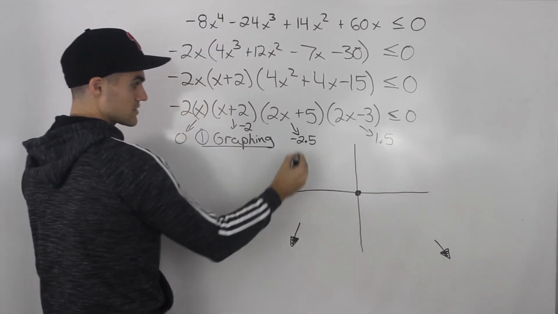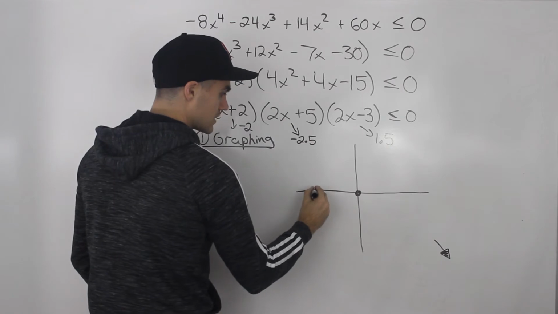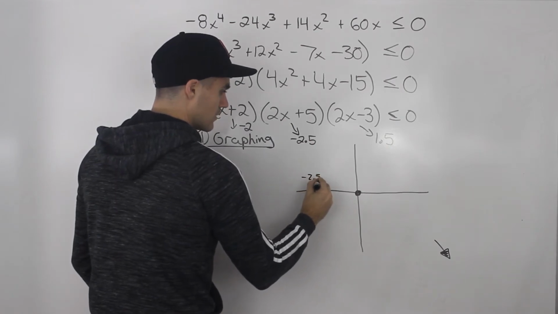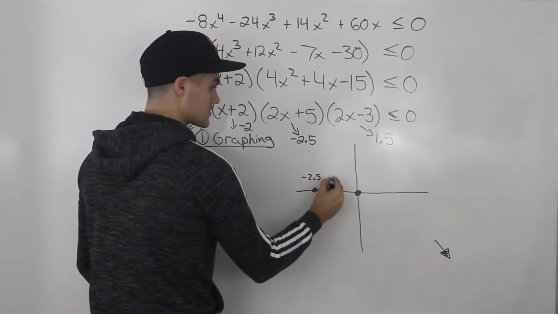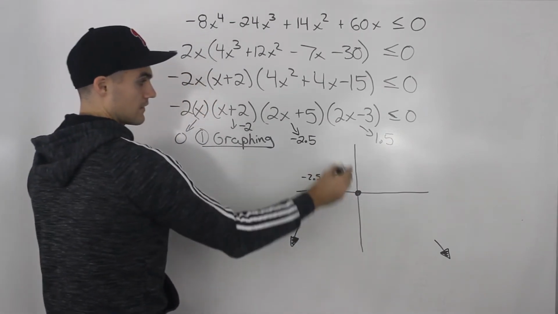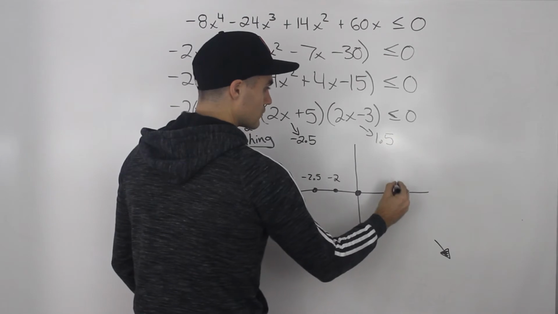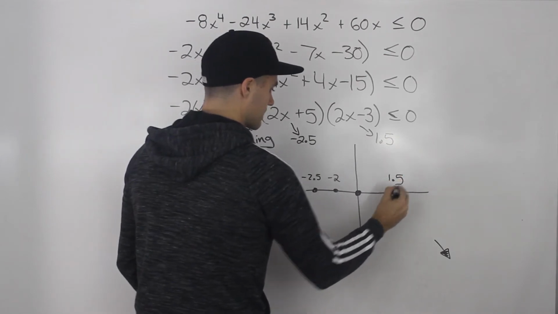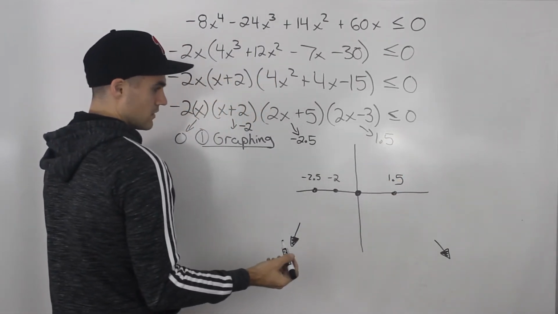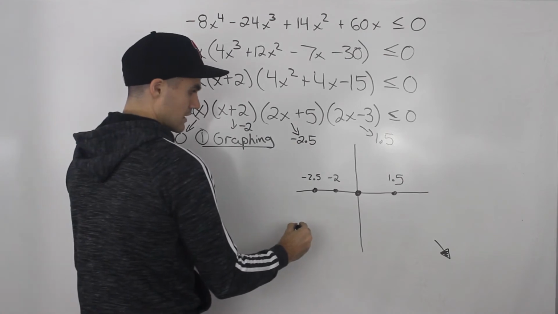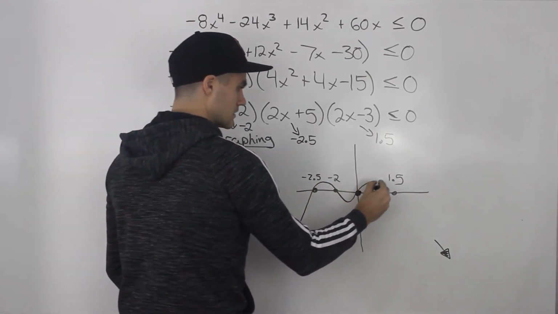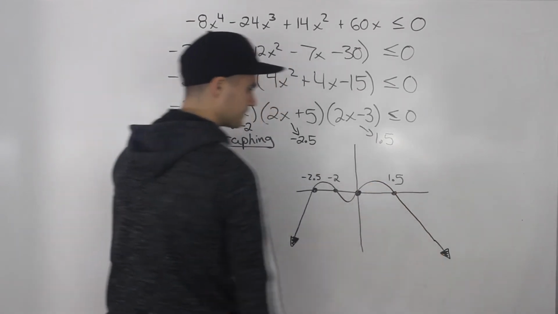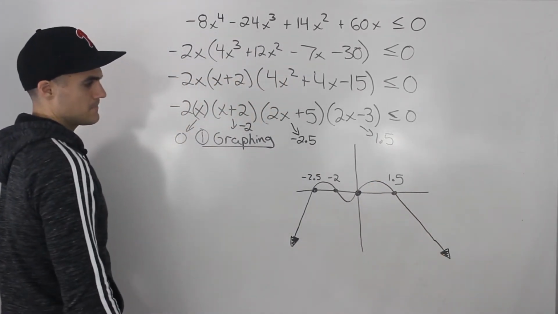Right? So let's put all these in order. So negative 2.5 is here. Then we have negative 2 next, so let's put that here. And then we got positive 1.5, which is over here. So if we graph this, how's it going to look? It's going to go something like that, right?